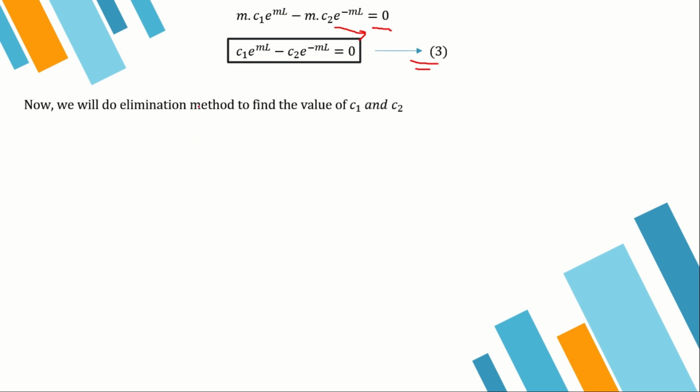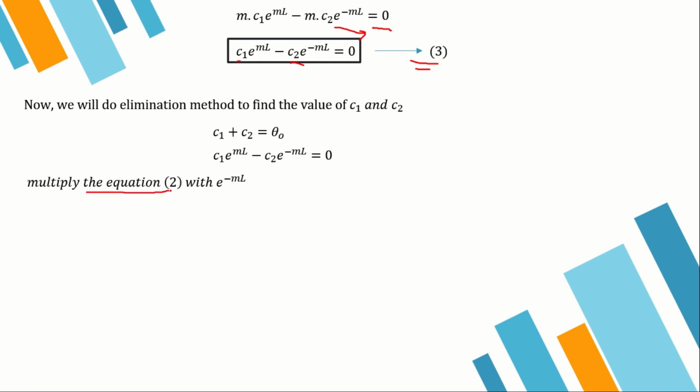Now we would be using the elimination method to find the value of c1 and c2 using the three equations, equations 1, 2 and 3. First of all, we would be taking equations 2 and 3, that is c1 plus c2 is equal to θ0, and c1 e^(mL) minus c2 e^(-mL) equal to 0.